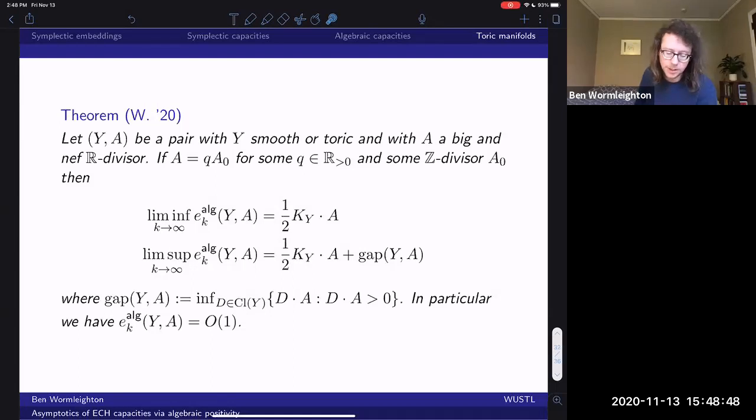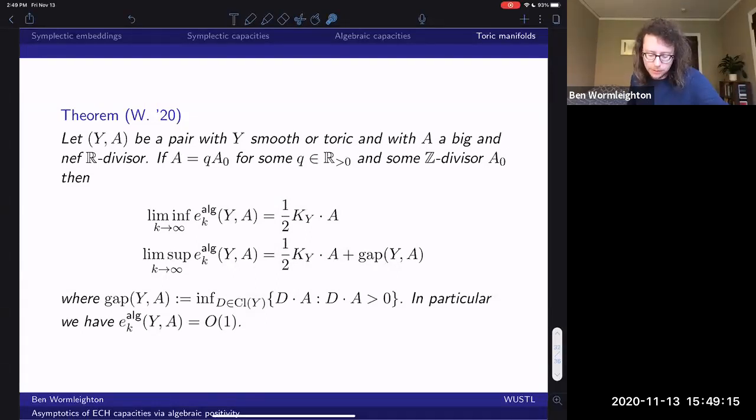The algebraic error terms are big O of 1. So let (Y, A) be a pair where Y is, again, my usual assumption, either smooth or toric, with A big and nef. There's this kind of funny condition: if A is a real multiple of a Z divisor, in other words, if I can express A as A_0 times a real number, then we can actually compute the asymptotics precisely.